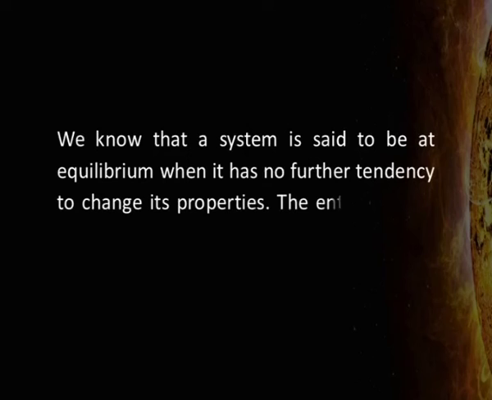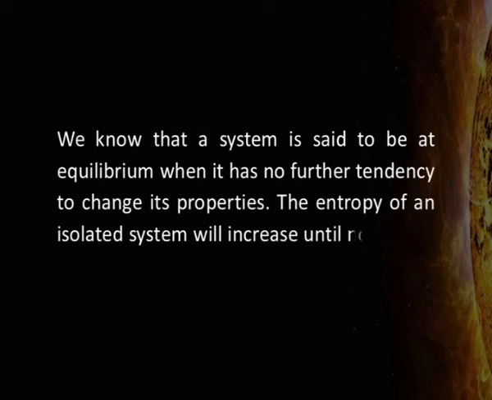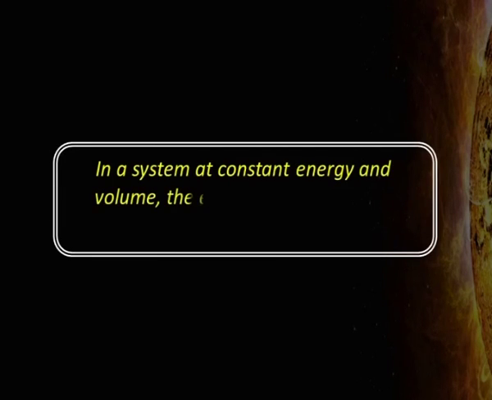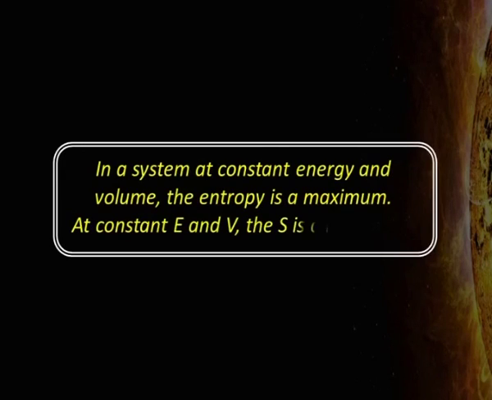The entropy of an isolated system will increase until no further spontaneous changes can occur. Therefore, a criterion for thermodynamic equilibrium can be summarized as: in a system at constant energy and volume, the entropy is a maximum, or we can say that at constant E and V, S is maximum.